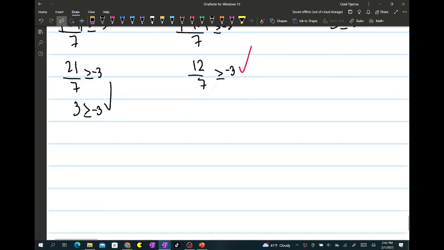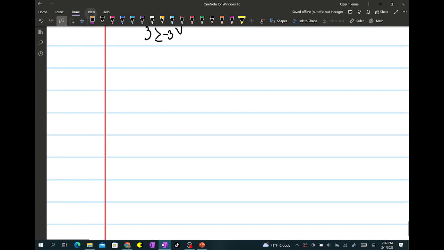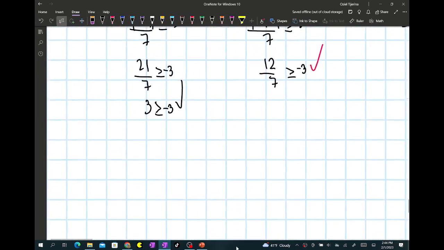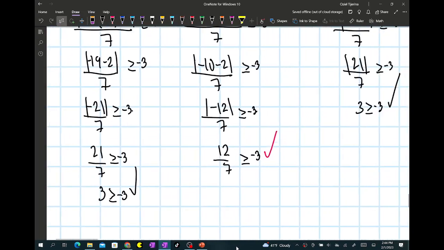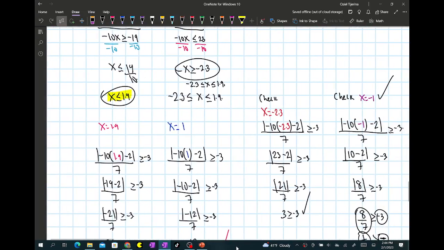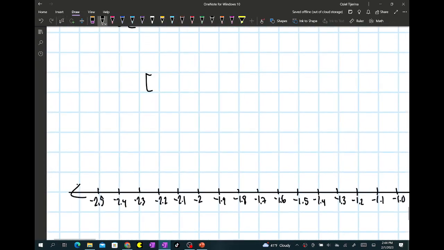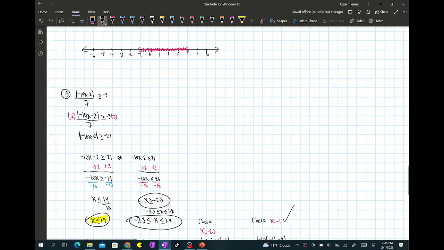And now, to graph it, give me 1 second. Okay, so the interval that we're going to graph, we have this interval here, and we obviously know that in interval notation, that's going to be bracket negative 2.3, comma 1.9, bracket, right?